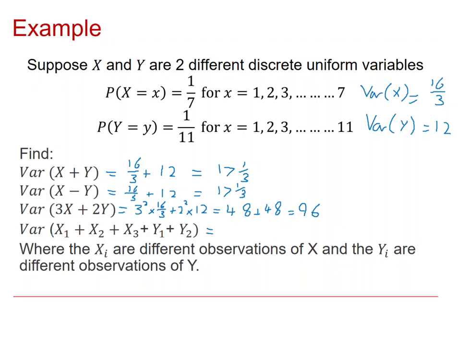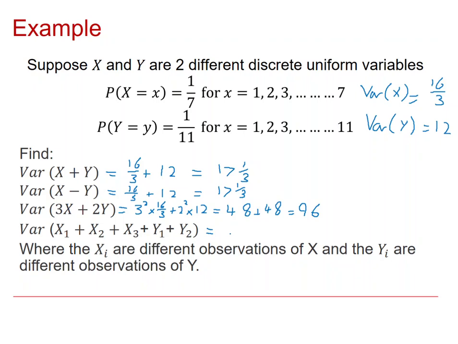Now when we do this with different variables, notice that this is a slightly different question to the one above. This is 3 times one particular outcome, if you like, from x, or one particular variable. These are 3 different observations of x, and therefore they vary slightly differently.